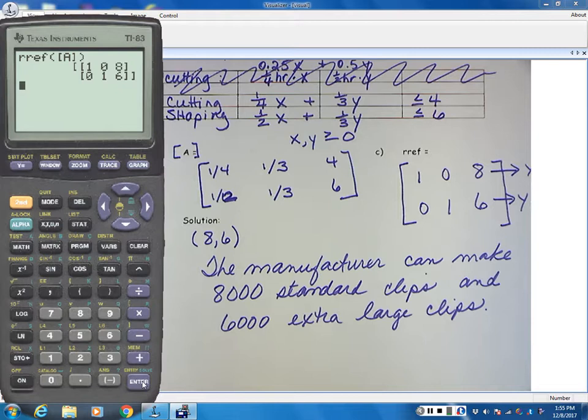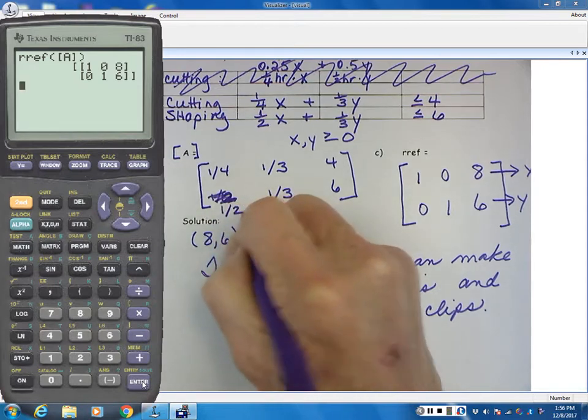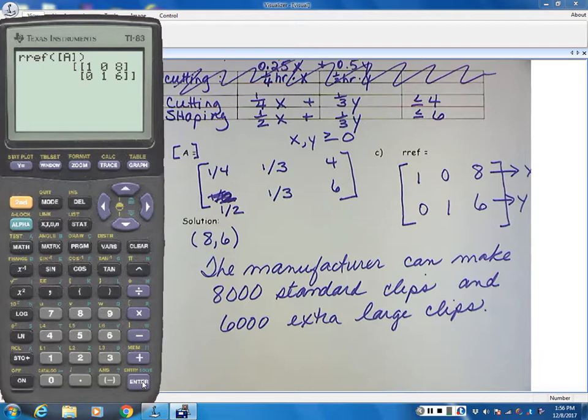Yeah, I was just pulling it down so that you could see everything. Make sure that you realize this is 1/2 because I kind of messed that up. Thank you. Okay.